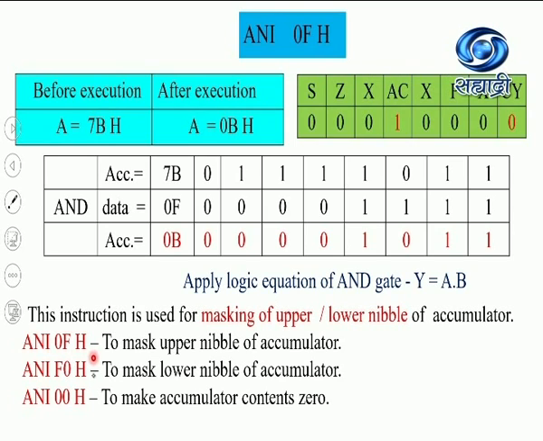So ANI 0FH is used to mask upper nibble of accumulator, and ANI F0H is used to mask lower nibble of accumulator. ANI 00H, logically AND with 00H, makes accumulator contents 0. So whenever in a program we want to mask upper nibble or lower nibble, we can perform this by using the instruction ANI.